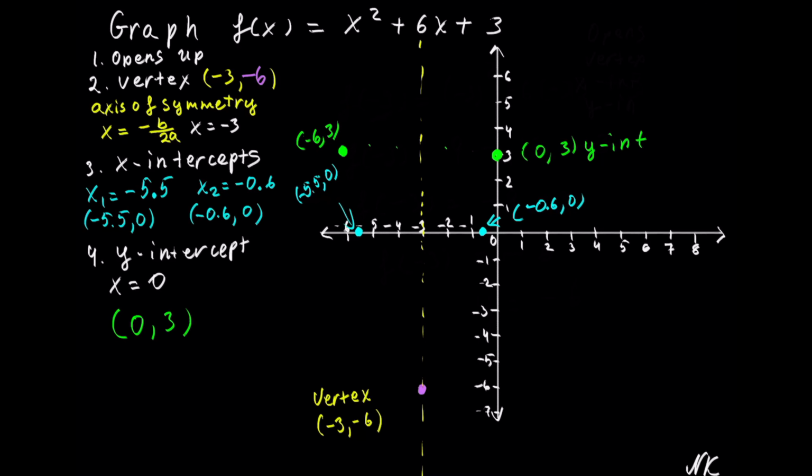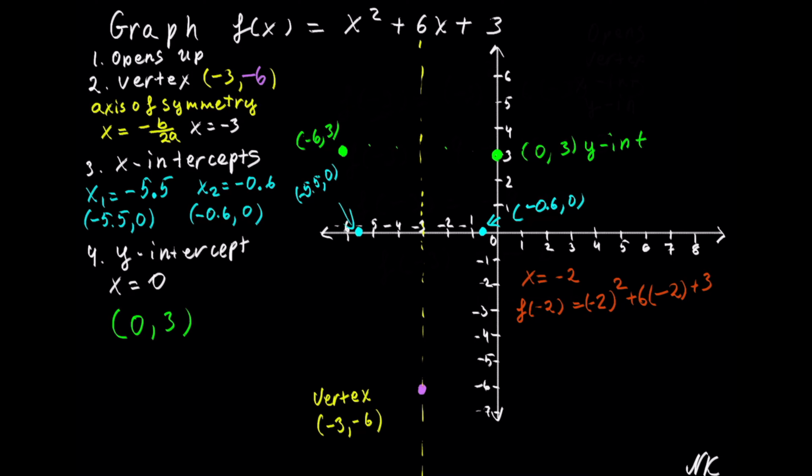Since I want to know how it opens up near the vertex, I'm going to choose one x value next to it. We have the vertex at negative 3. I'm going to plug in x equals negative 2 to see what's happening to y, and calculate f of negative 2, which is negative 2 squared plus 6 times negative 2 plus 3.